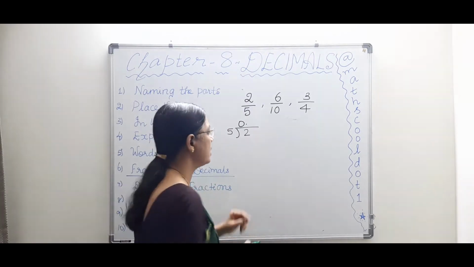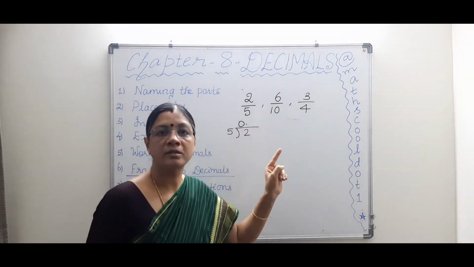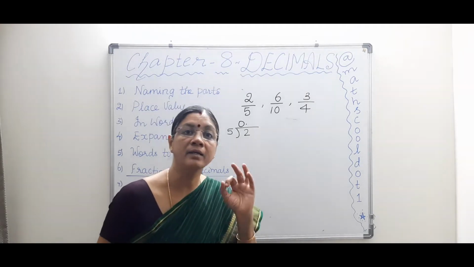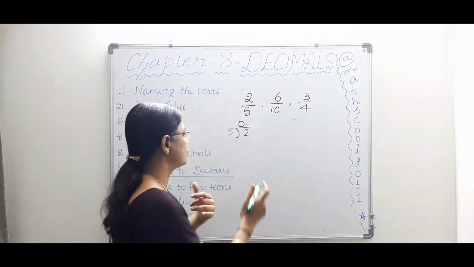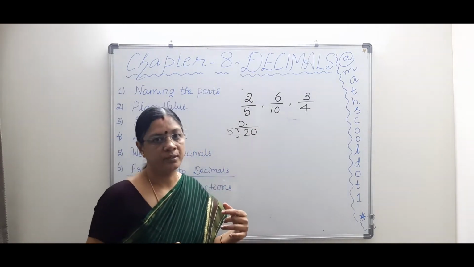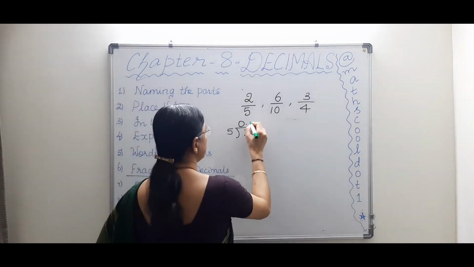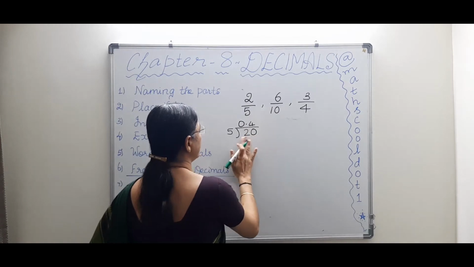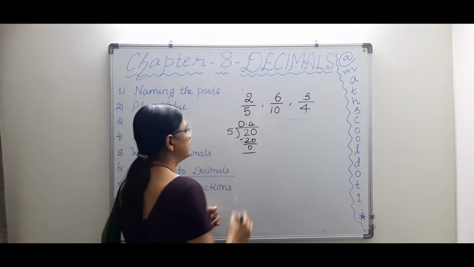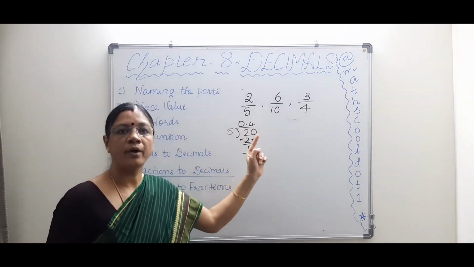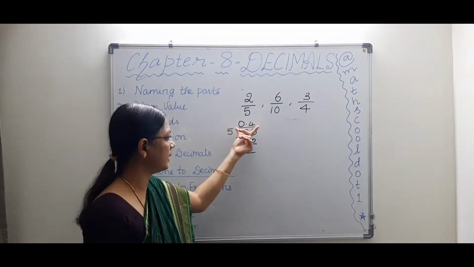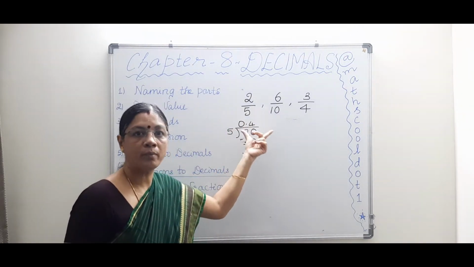Adding a point next to the quotient gives us the privilege of adding zeros to the dividend. So when I put a point here, I can add 0 to this number. So 20, 5 4s are 20. So 0.4 is the answer for 2 by 5, the decimal equivalent of the fraction.